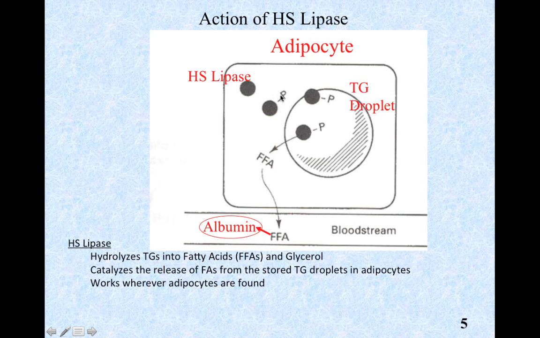Once hormone-sensitive lipase is phosphorylated, it travels from the cytosol of the adipocyte to the triglyceride droplet that's stored there, and now the hormone-sensitive lipase hydrolyzes the triglycerides into free fatty acids, which run down their concentration gradient out of the adipocytes into the bloodstream. They bind hydrophobic portions of albumin, which then carry the free fatty acids to other tissues, including the liver, but also tissues like muscle cells.